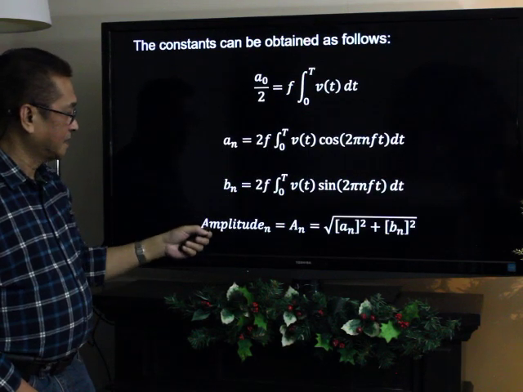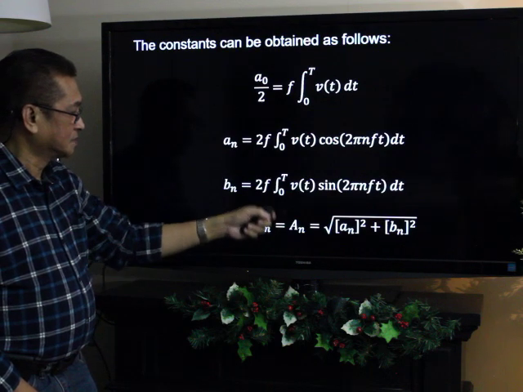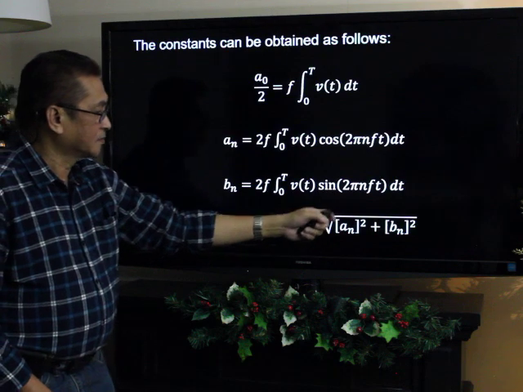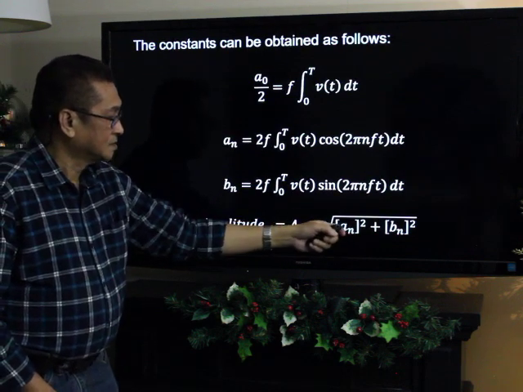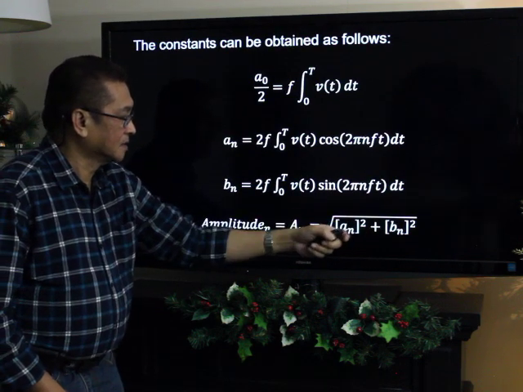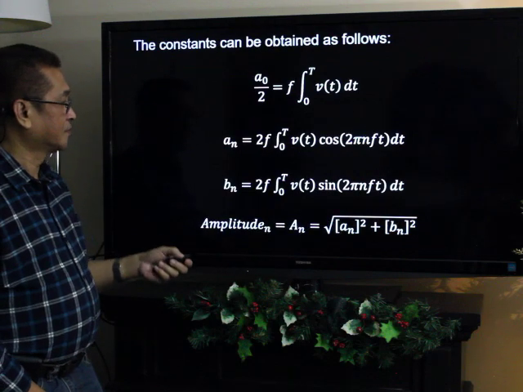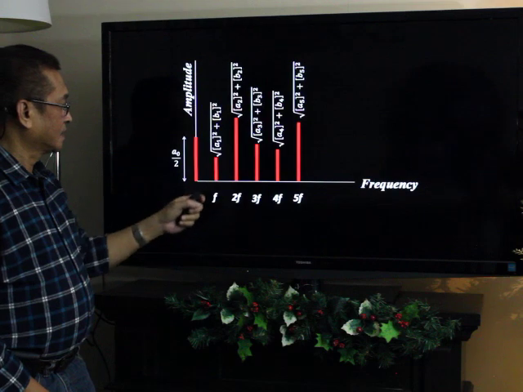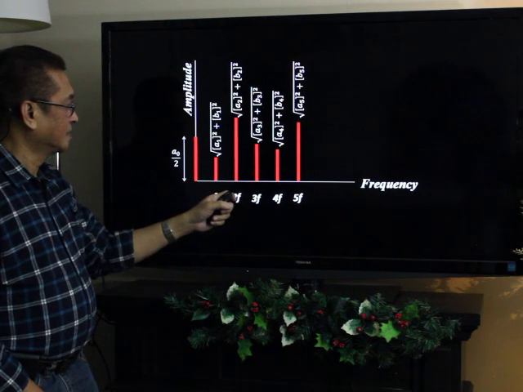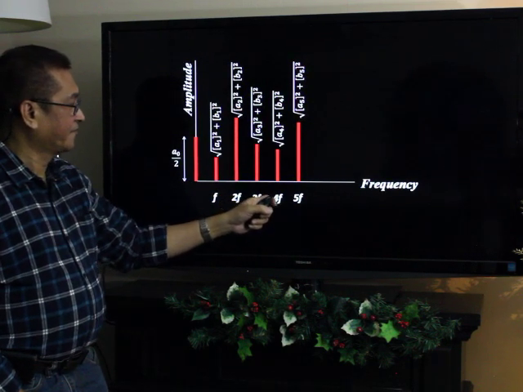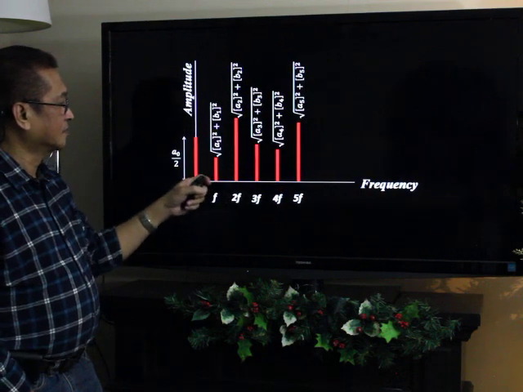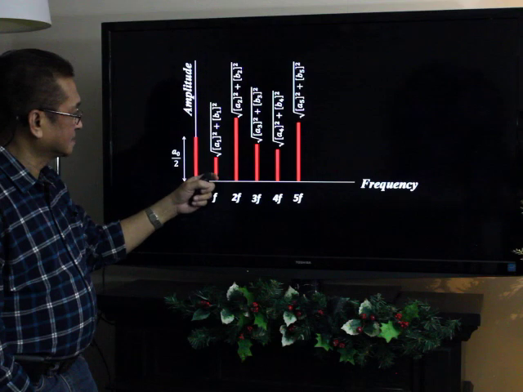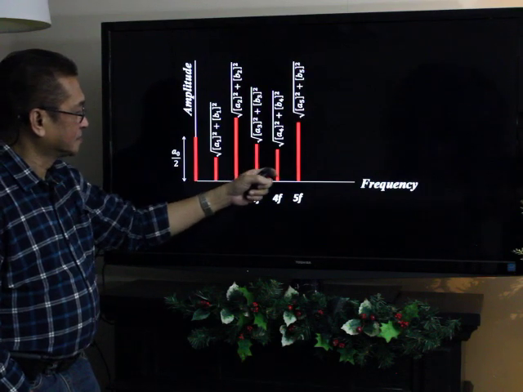And the amplitude here is determined using the Pythagorean theorem. A sub n is the square root of small letter a sub n squared plus b sub n squared. So if you will plot it, the different responses f, 2f, 3f, 4f, 5f into the frequency scale, we have here a sample of how many lines of resolution.